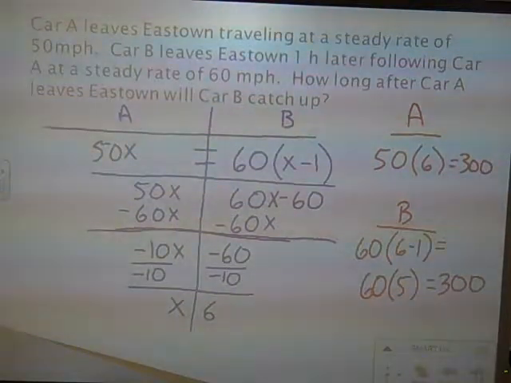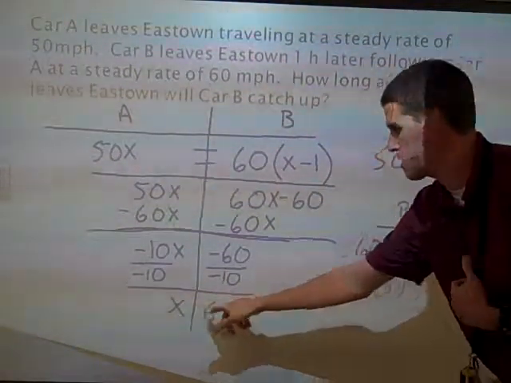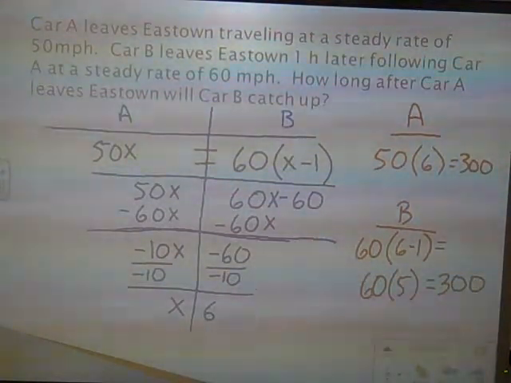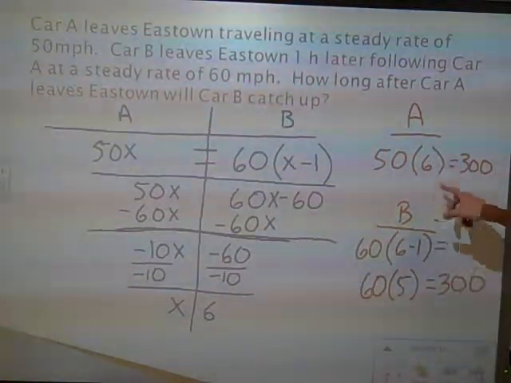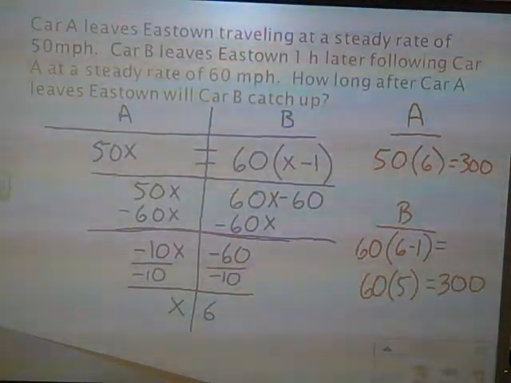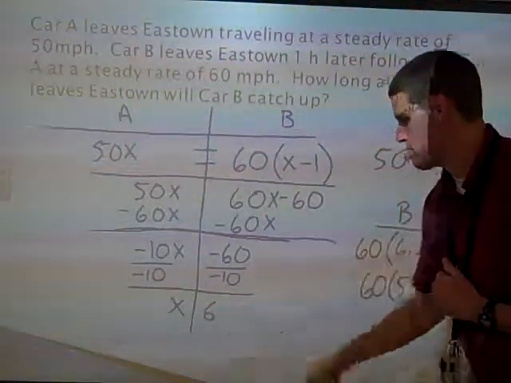If we solve for x, we find that x is equal to 6, so that would be 6 hours. If I plug 6 hours into both A and B, I would get about 300 miles. So my question of how long after car A leaves Easttown will car B catch up? The answer is 6 hours.